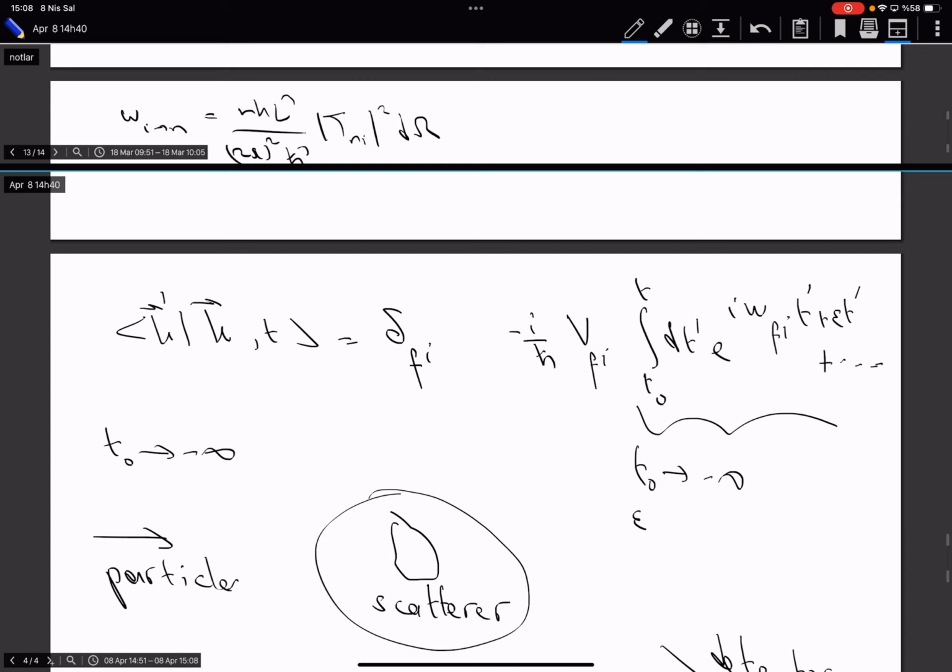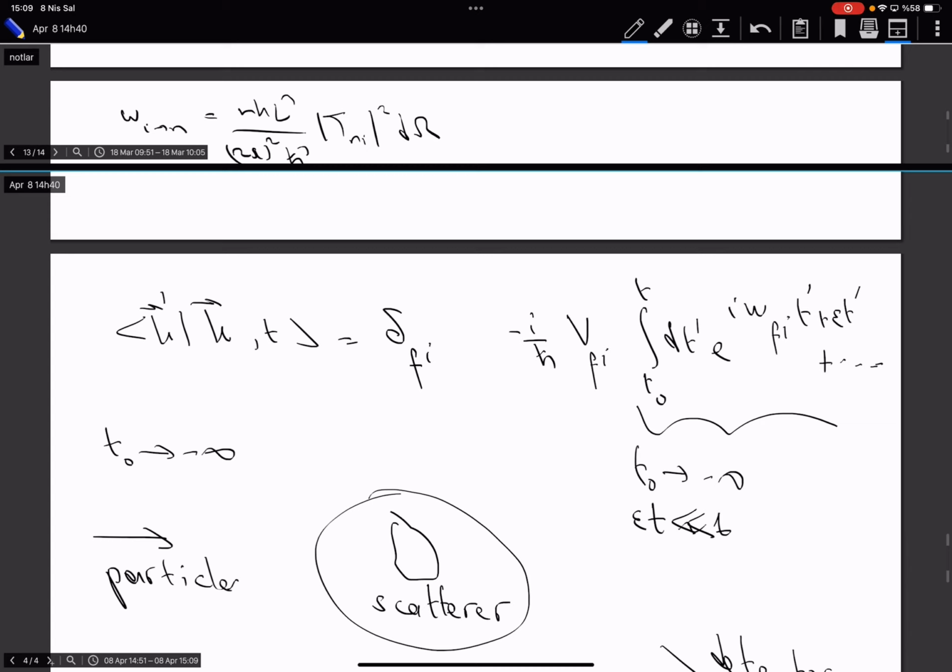But that means that epsilon t is now approximately 1, or let's say much less than 1. So I'm turning the interaction on slowly with time. Although I said my potential was time independent, I'm basically adding an artificial time dependence, so that I'm turning on my interaction very slowly.